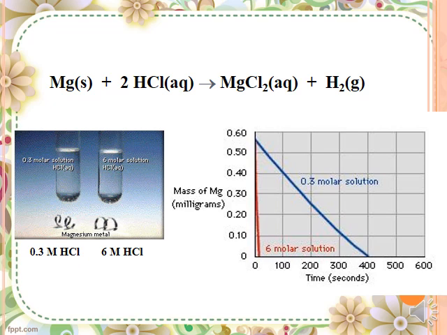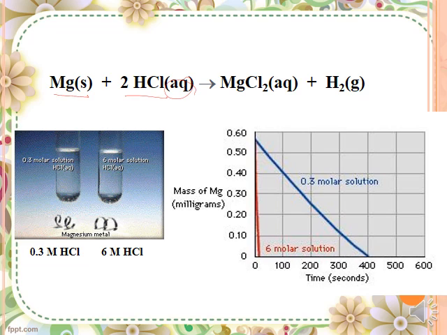So this is the reaction here, with a figure and a plot showing the effect of concentration on the rate of reaction. We have solid magnesium. We drop it in a tube filled with aqueous hydrochloric acid.